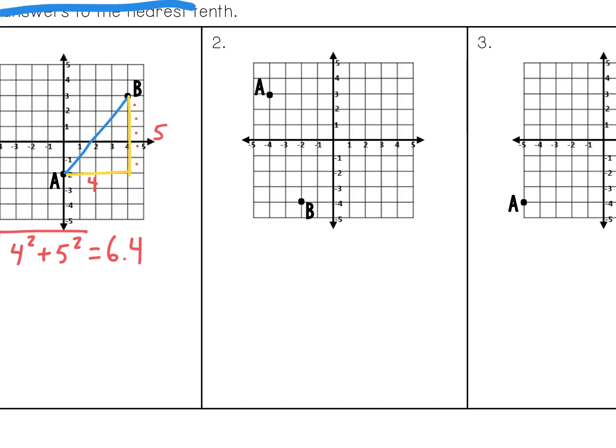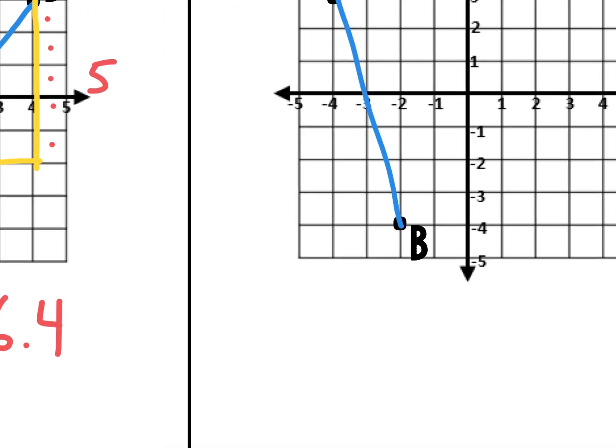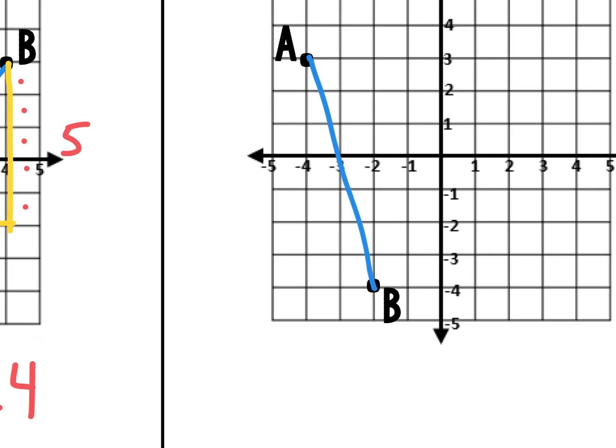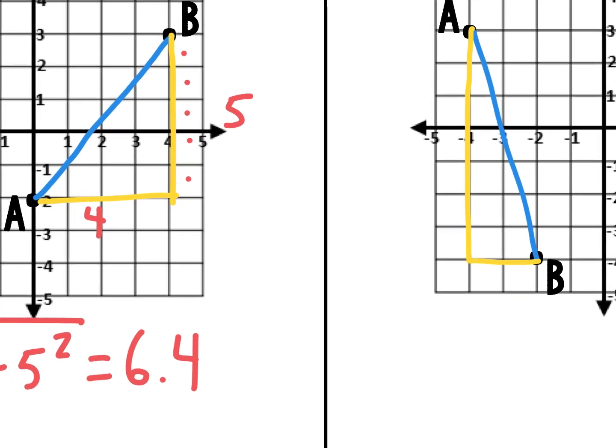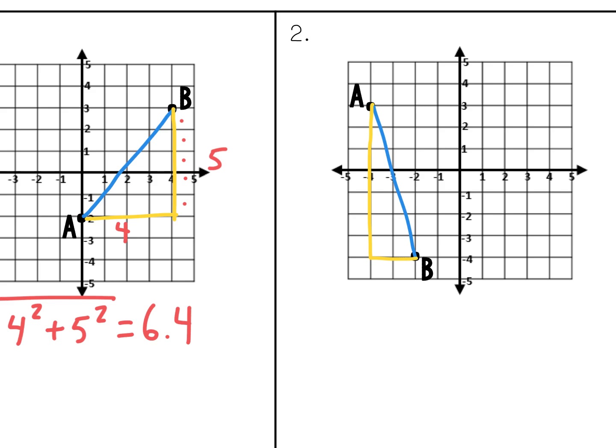Okay, let's try number 2. I first draw a line between the 2. Did you get 6.4? And then I draw my triangle. Great. So I draw the line, then I draw my triangle. Okay.